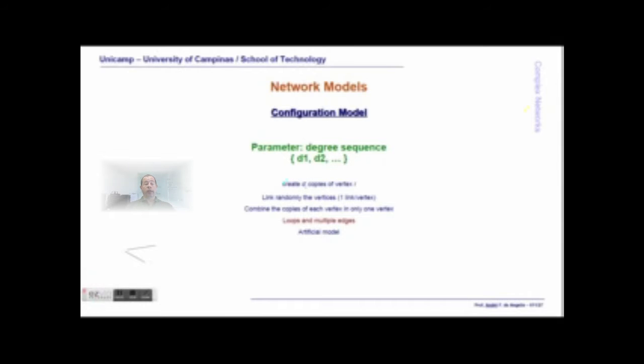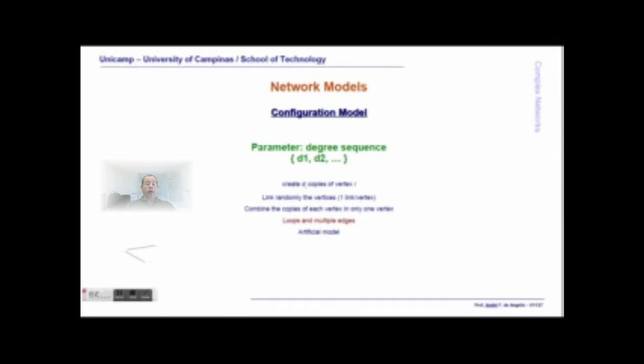After ER, we saw in the literature the configuration model. The configuration model uses a degree sequence as input parameters. Then we create a series of copies of each vertex according to the degree of the vertex. We link randomly the copies, one link for each copy, and we combine the copies of each vertex into only one vertex.